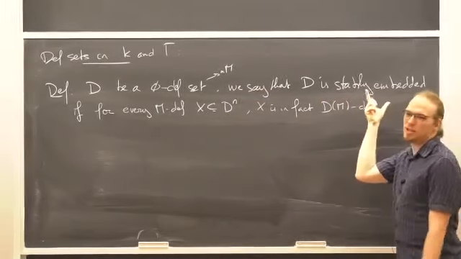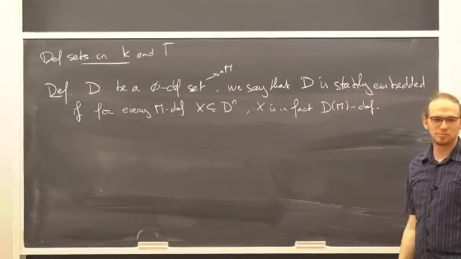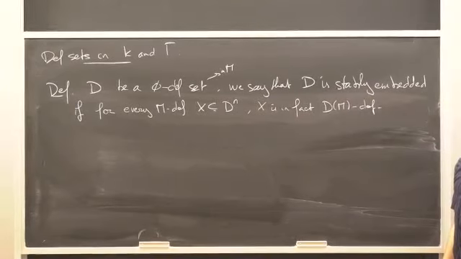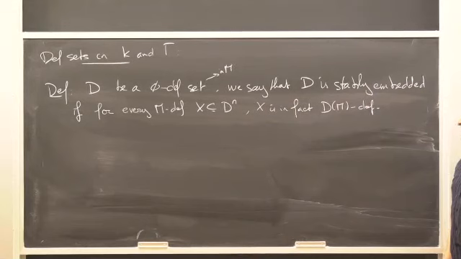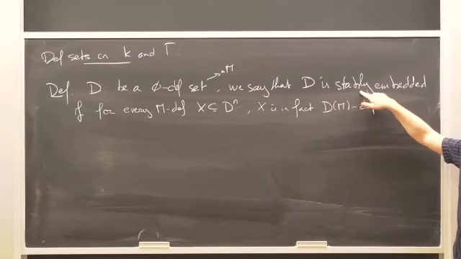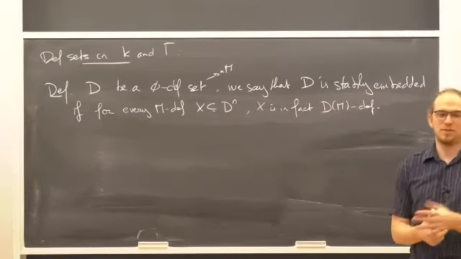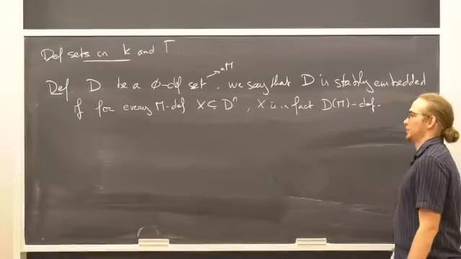Why is it called stably embedded? It's called stably embedded because in a stable theory, every set is stably embedded. The stably here comes from the behavior in a stable theory. Yeah, exactly.